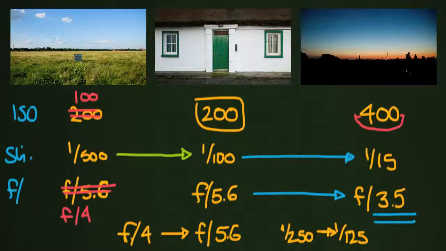So you've moved one stop here, so we've got minus one stop. Now we need to add a stop somewhere else, so we've added our stop here. The same thing if you were to do that to this 400 here. Say you were to make this 100 speed film.